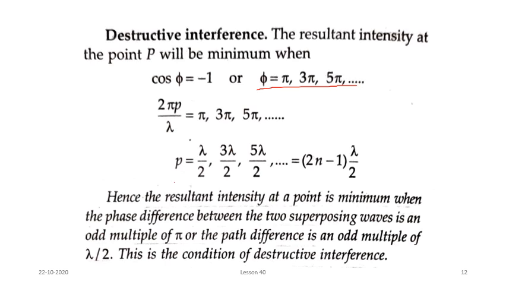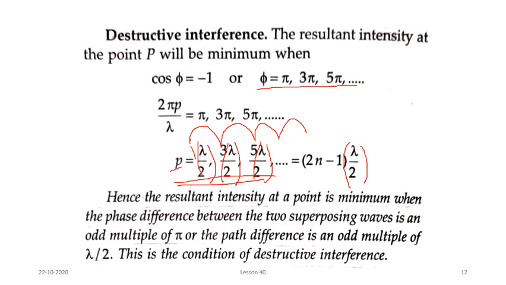Or I can say when the extra path traveled is an odd multiple of lambda by 2. Do you notice this lambda by 2? All of them have this lambda by 2, but there is an odd number in front: 1, 3, 5, 7, 9 and so on. So when your path difference is an odd multiple of lambda by 2, in that case also you will obtain the dark fringe.